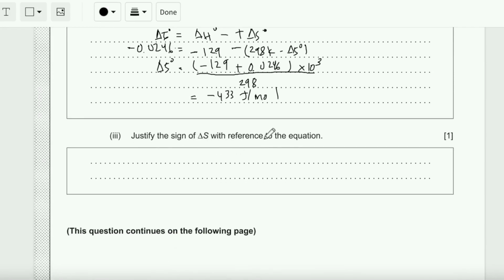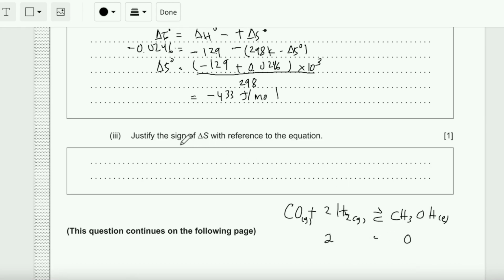Justify the sign of delta S with reference to the equation. Justify. Give valid reason or evidence to support an answer or conclusion. To just explain why the answer is negative, because CO plus 2H2 gives CH3OH liquid. So there are gases here, and here is no gas, so 0.